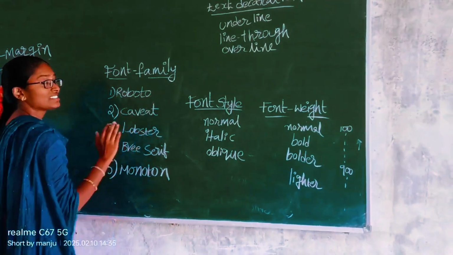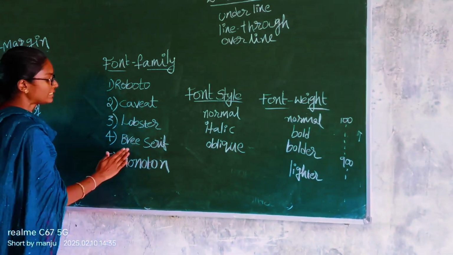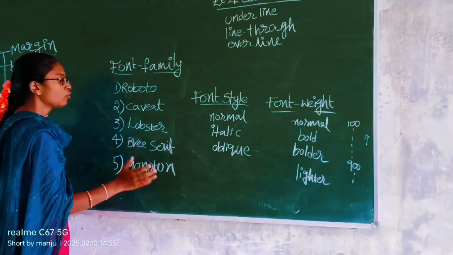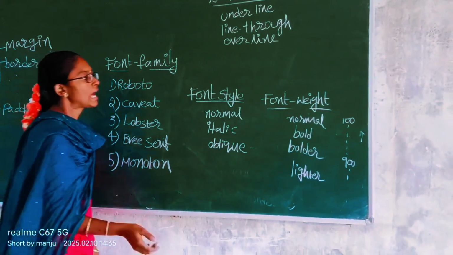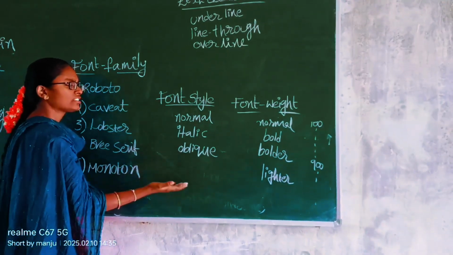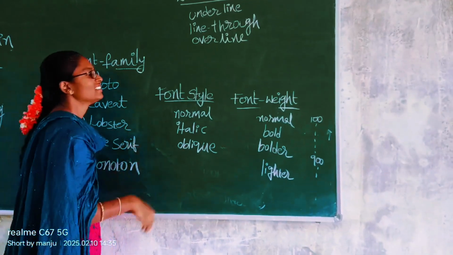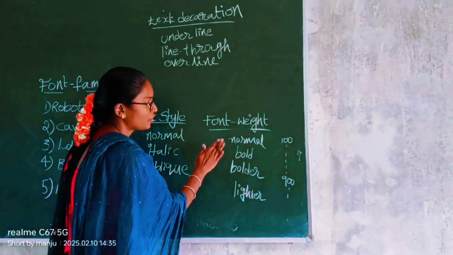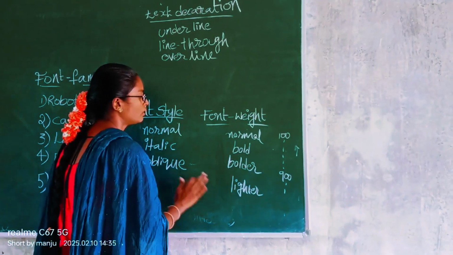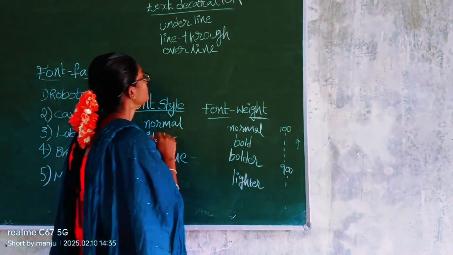These are used in CSS code. Font families like Roboto, Caveat, Lobster, and Monotone are all different types of fonts. We can use them in CSS code. And there is font-style: normal, italic, oblique, and others. Font-weight: for normal it will be 100, and going downwards, bold, bolder, lighter, we go up to 900 and more.